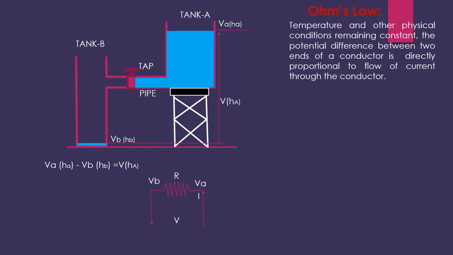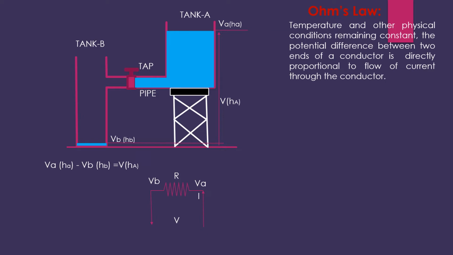When the difference of water level is high enough and the tap is opened in full, then the rate of flow of water will be rapid. Like that, if a low resistance is used in that circuit, the rate of flow of current will also be increased.